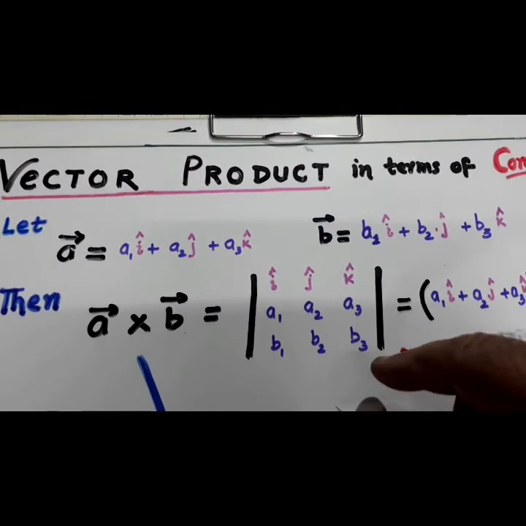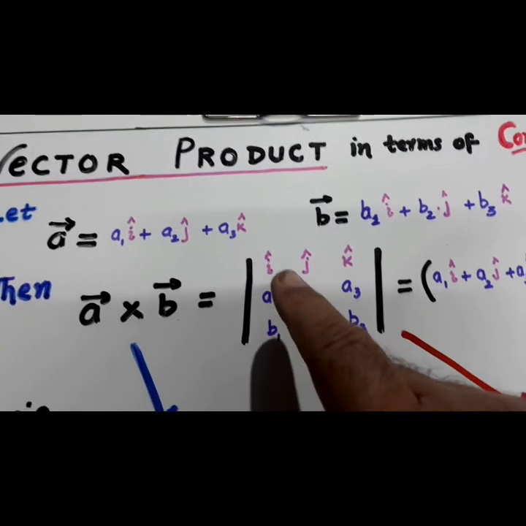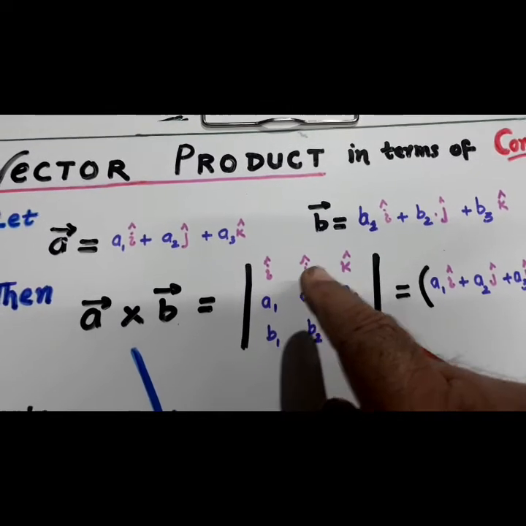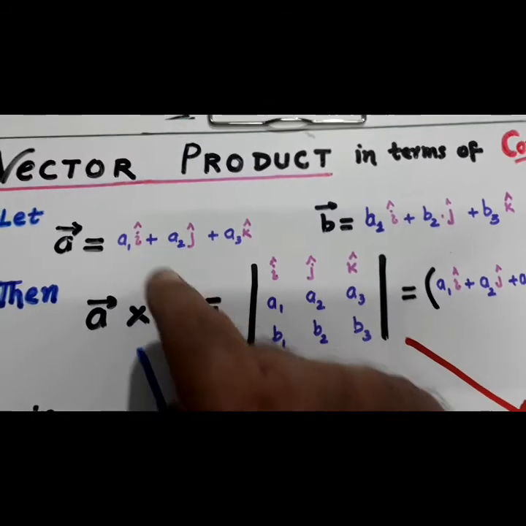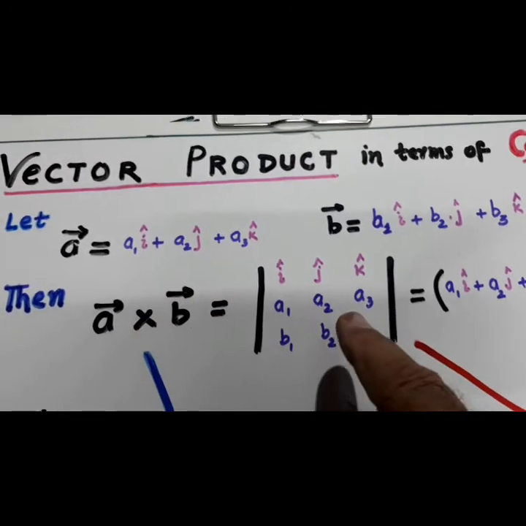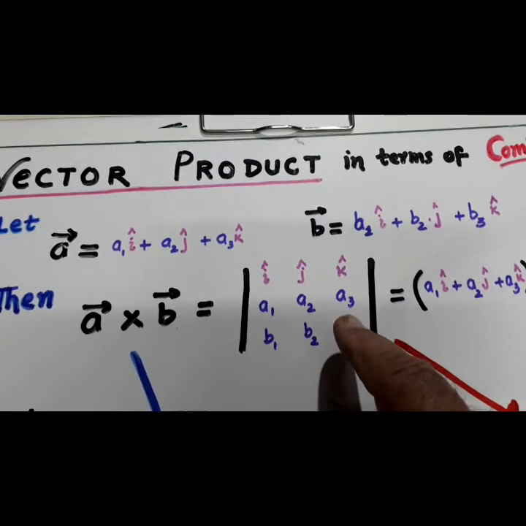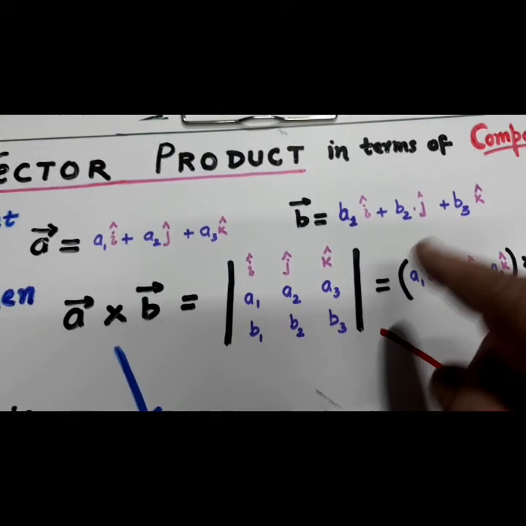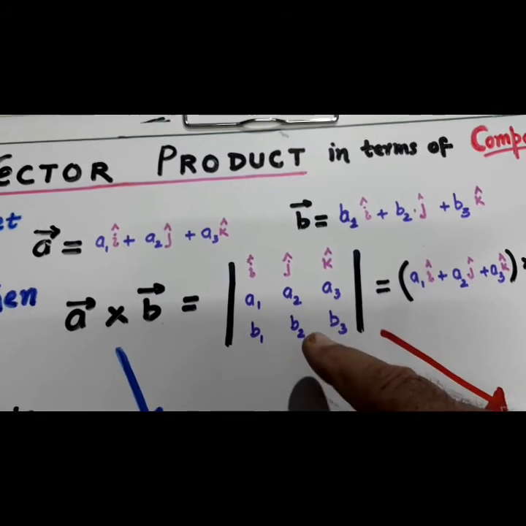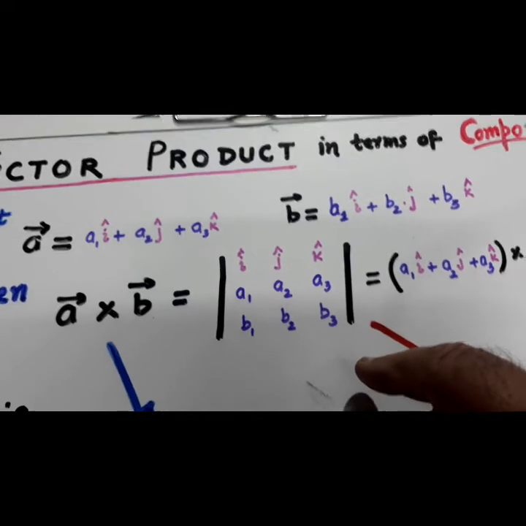अरे determinant का क्वेश्चन आ गया. So you have to write here i, j, k. इसके जो कंपोनेंट्स हैं A के, सेकेंड लाइन, A1, A2, A3. B के कंपोनेंट्स, थर्ड लाइन, B1, B2, B3.